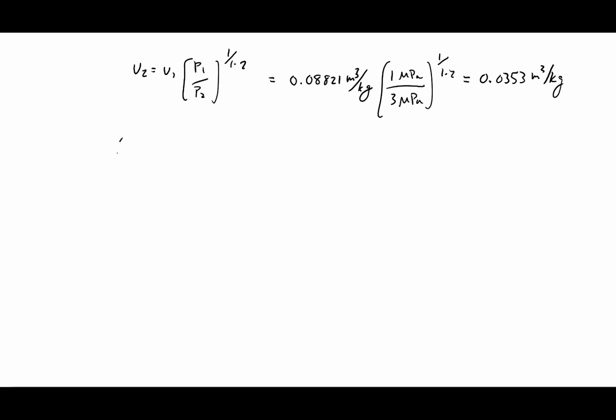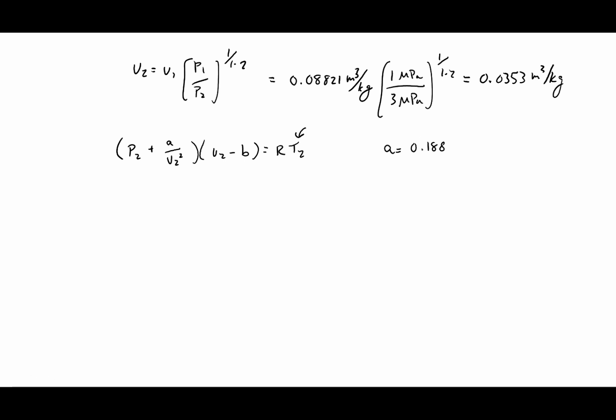The van der Waals equation is P2 plus A over V2 squared, multiplied by V2 minus B, is equal to RT2. We're looking for T2, and we know V2, we know P2, and we know A and B because we calculated them previously.